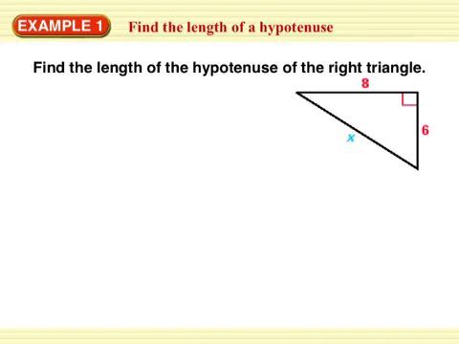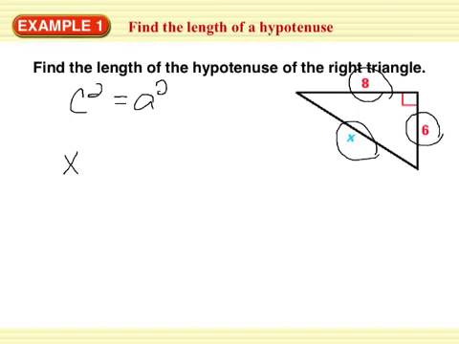Let's do an example. Find the length of the hypotenuse of the right triangle. So I have A, B, and C. Leg, leg, and hypotenuse. The book always does this backwards from what I do, so we'll try it. C squared equals A squared plus B squared.